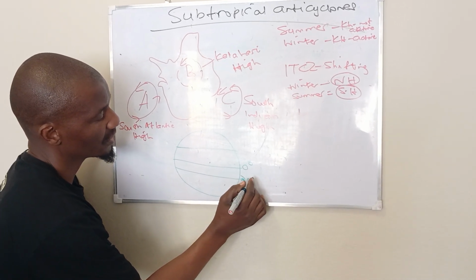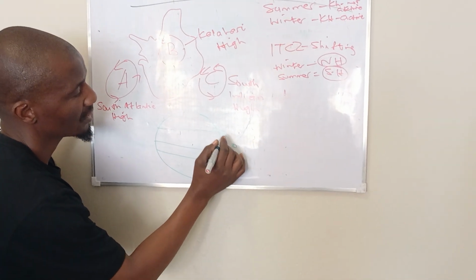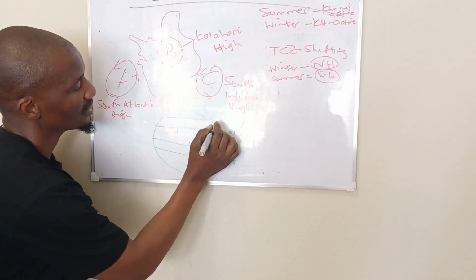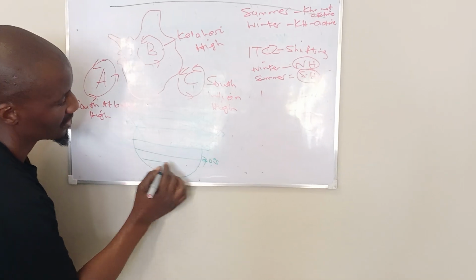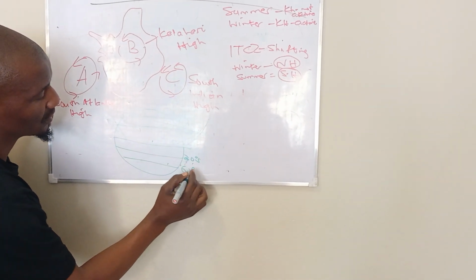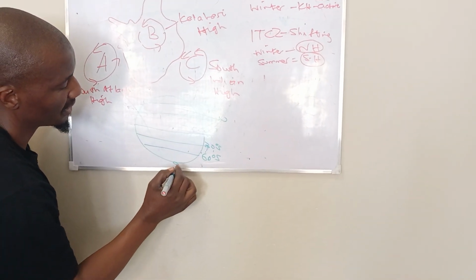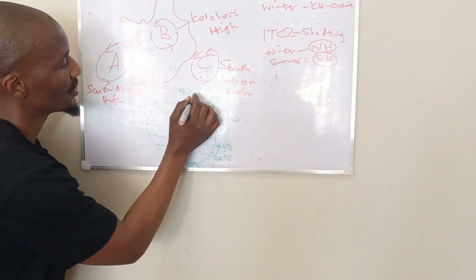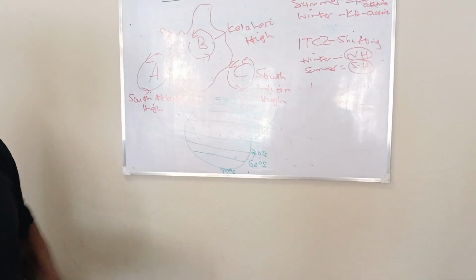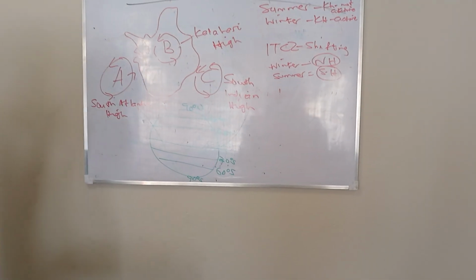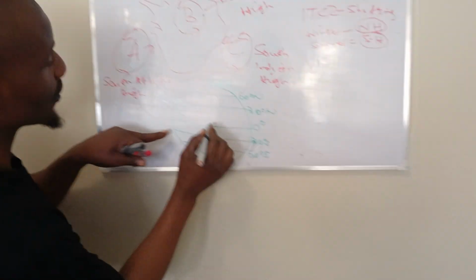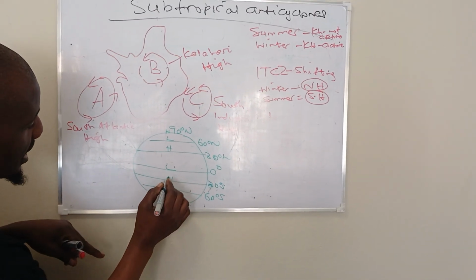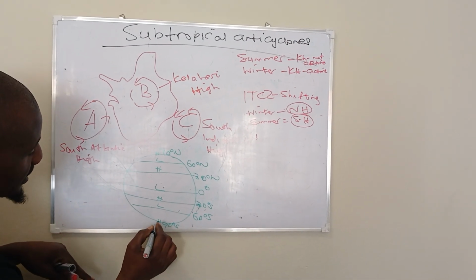This is 30 degrees south, 30 degrees north, 60 degrees north, 60 degrees south, 90 degrees south, 90 degrees north. You still remember where we identified these different pressure belts, low and high pressure belts, high, low and high.